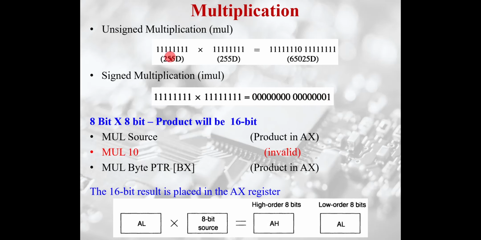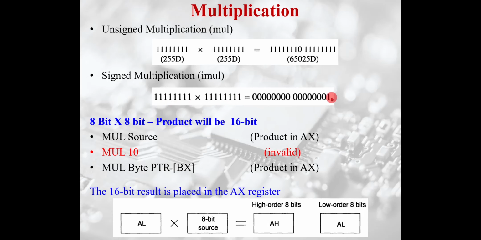It is 255 into 255 in unsigned multiplication, whereas if I consider this as -1 and -1, because suppose I am writing a program where I have to handle negative numbers also, then these represent -1, so the answer has to be like this.